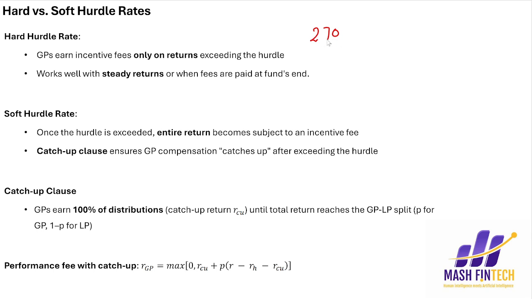The profit is only on the 360 minus 270, by how much they've exceeded this, and then they multiply this by the return fees for the general partner. All right, so this is only on returns that exceed the hurdle, and it works well when the returns are steady or when fees are paid at the fund's end.